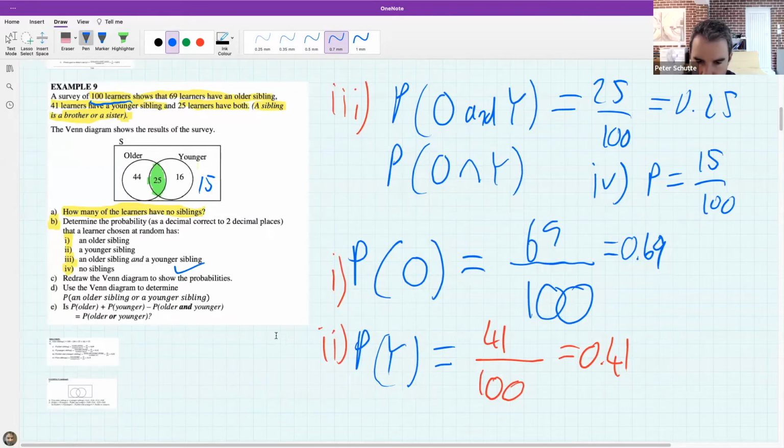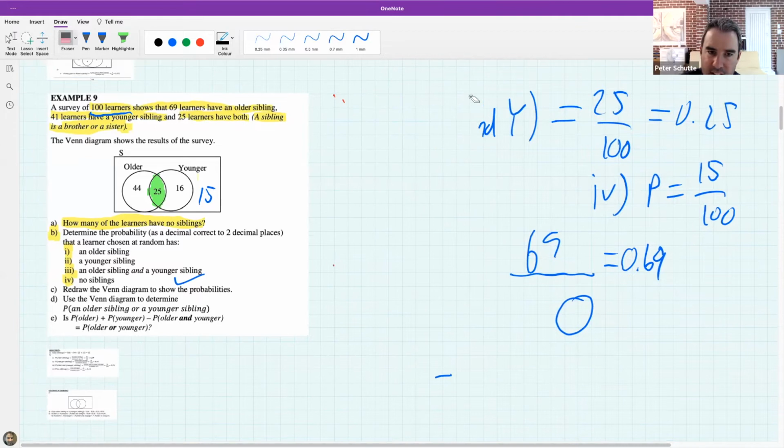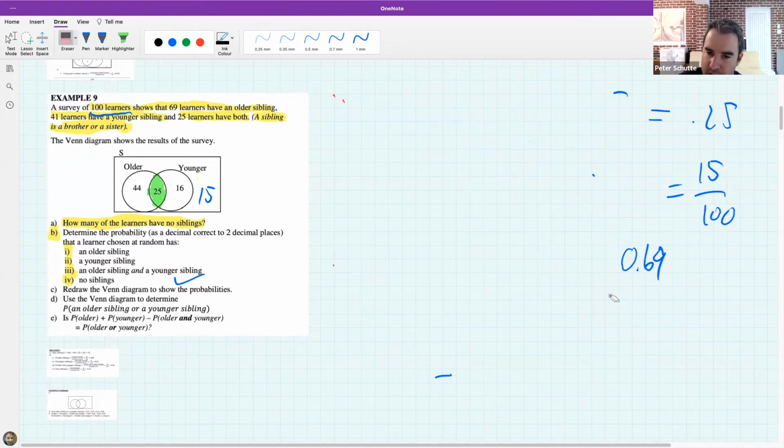Are there any questions? So Kumutsile has asked, if you have a smiley face facing upwards, what does that mean? Let me show you in the context of this example.